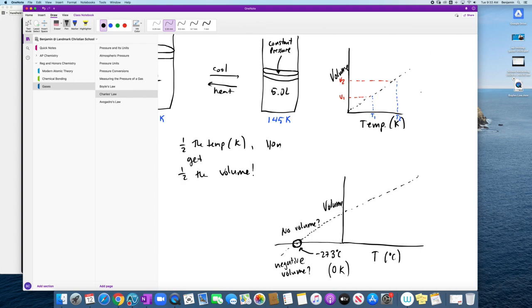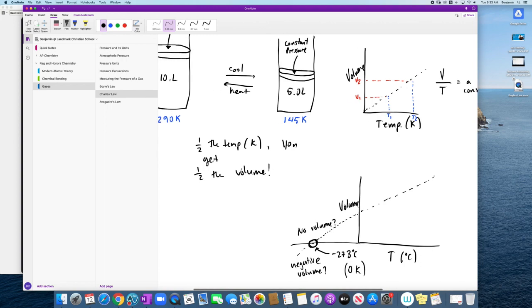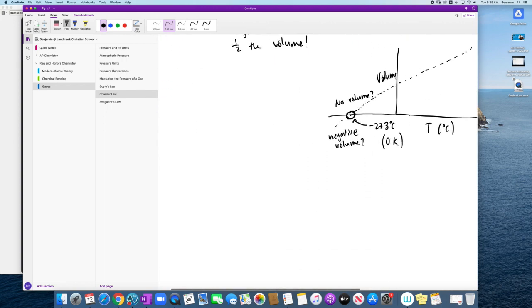And the idea here is volume divided by temperature is a constant. Okay, and that leads to a more convenient form of the equation.